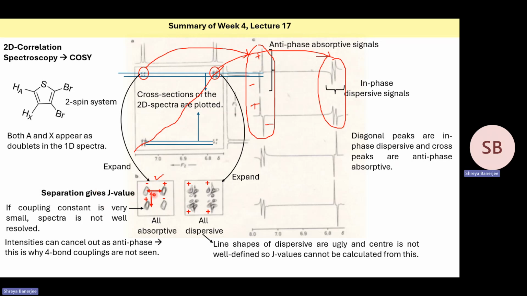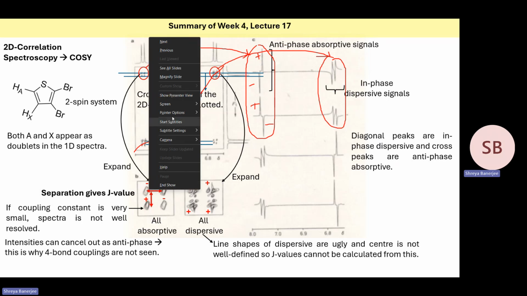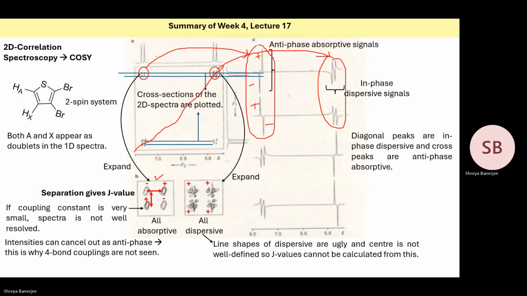Now this is called the fine structure. So there is 1 peak here, which if you resolve it further and look at the fine structure, you will see 4 more peaks. If you look at the separation between these 2 peaks or between these 2 peaks, they will give you the J value, because we know that this separation is the J value.